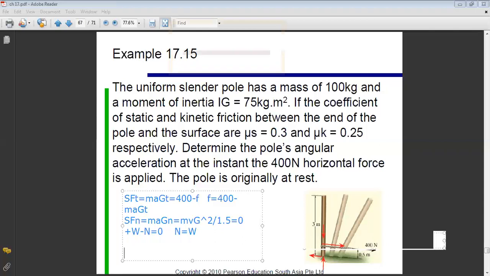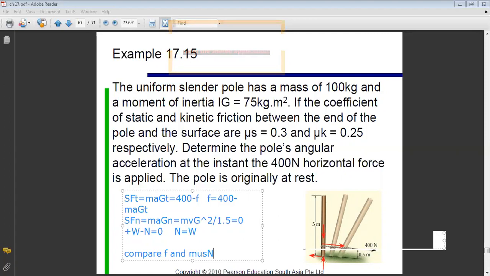So I can compare F and mu s N. If F is smaller than mu s N, it means what? My assumption is true or wrong? True. And if I obtain F higher than mu s N, my assumption is wrong and I should repeat everything.